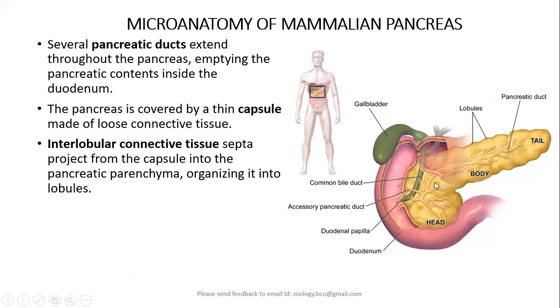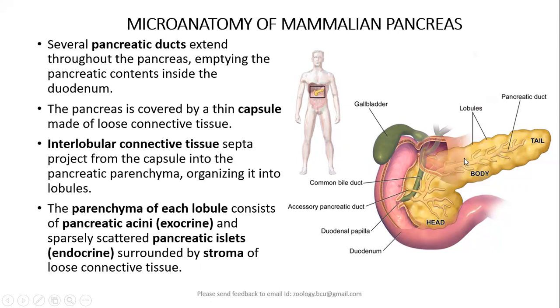This interlobular connective tissue also forms septa or septal projections from the capsule, from the outer covering, into the pancreatic parenchyma. So thereby, the large lobe of the pancreas is divided into small secretory structures called lobules.